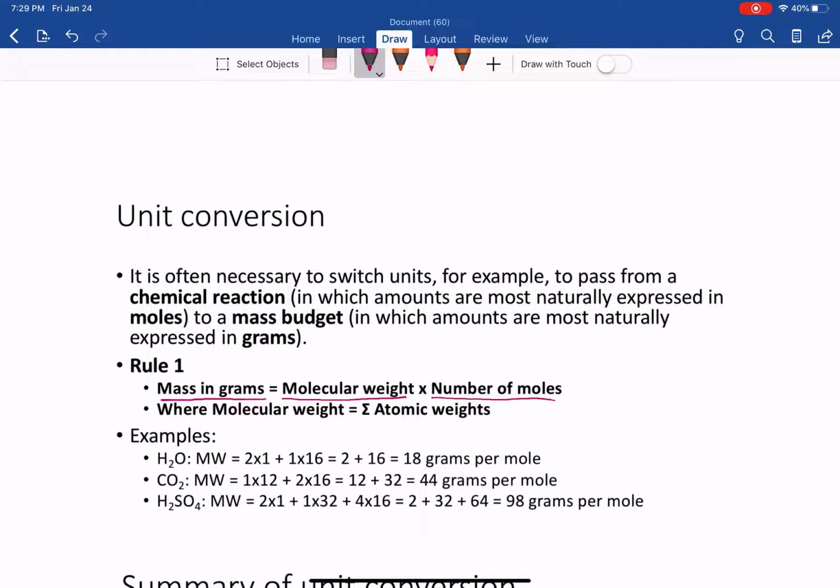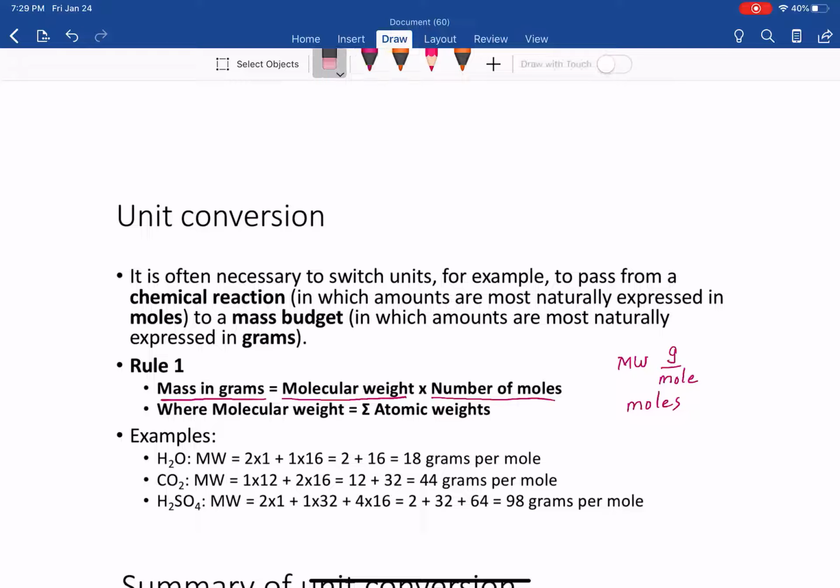If I give you the molecular weight of a compound, which is gram per mole, and how many moles there are, you could find the mass in grams.